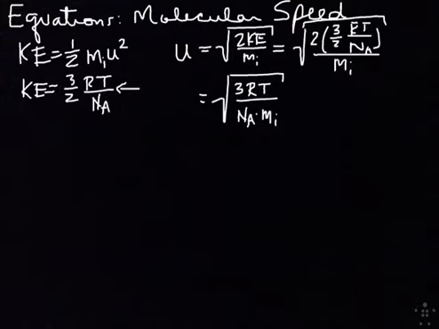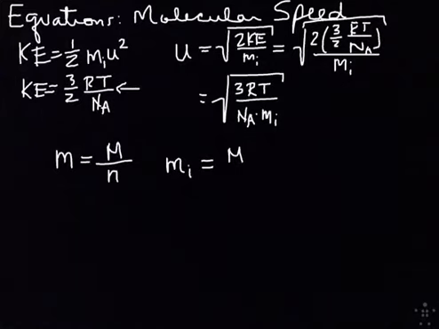And I need to put one correction in here. In the last video, I said the total mass is the molar mass divided by number of moles. That's true, but importantly, we want to look not at the total mass, but at the individual molecule's mass when we're talking about molecular speeds, which is going to be the total molar mass divided by Avogadro's number of molecules per mole.